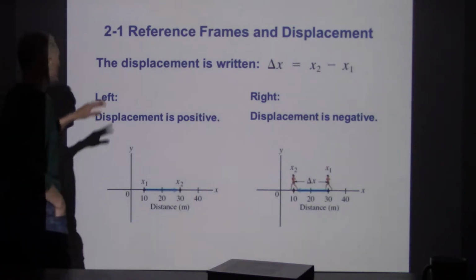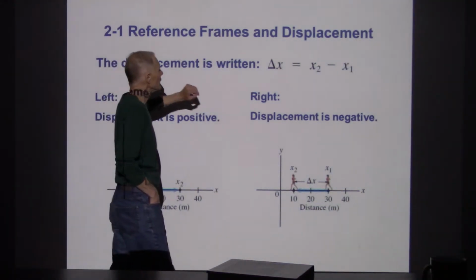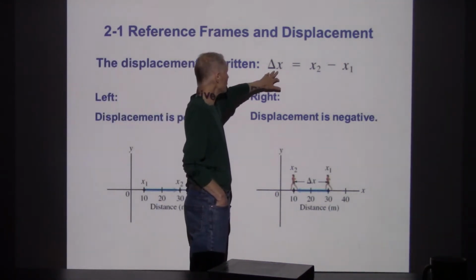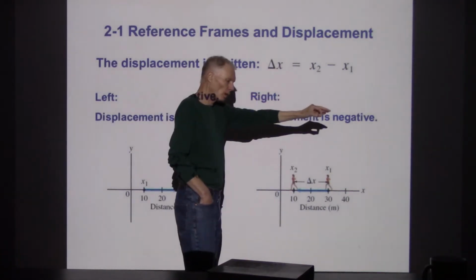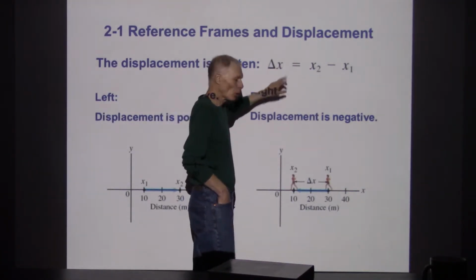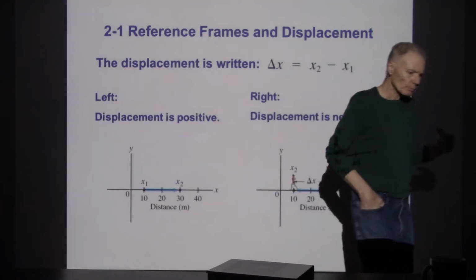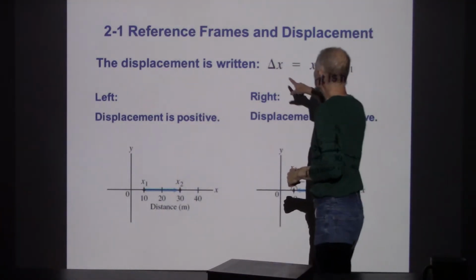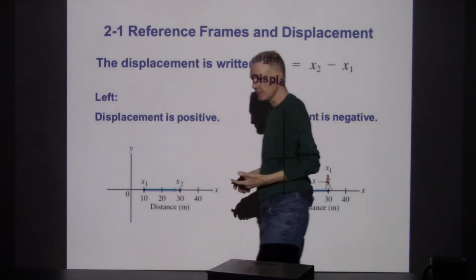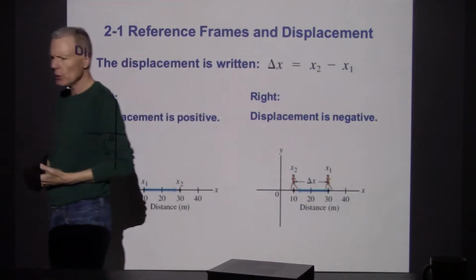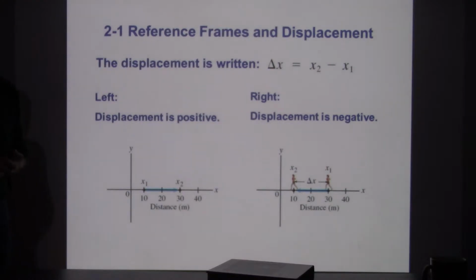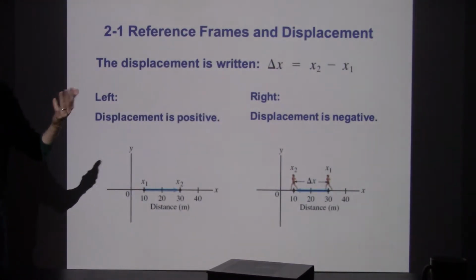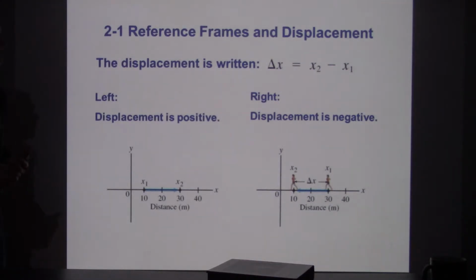Now mathematically, the way we can write displacement is we can say that it's a difference between one position and another, so we use the symbol delta. I do want to say a few things about using delta. Delta x indicates that there were 2 x measurements, presumably, and that we're taking the difference between those.